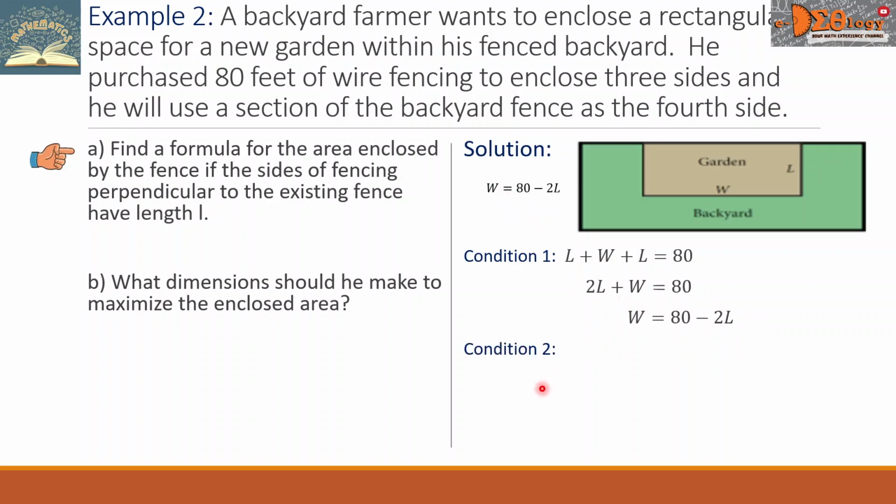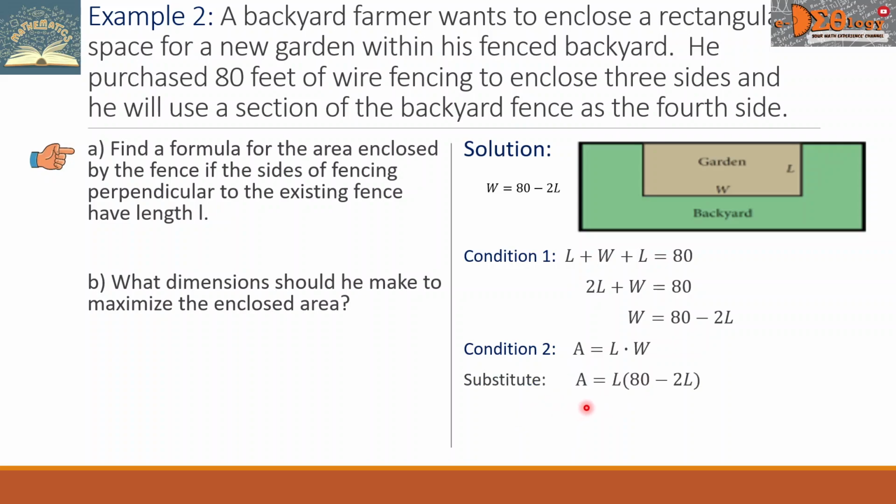Then we go to condition 2. The condition 2 is about the area of this rectangle. So that is A, the area, equals length times width, L times W. From here, we're going to substitute the value of W in terms of L to this area formula.